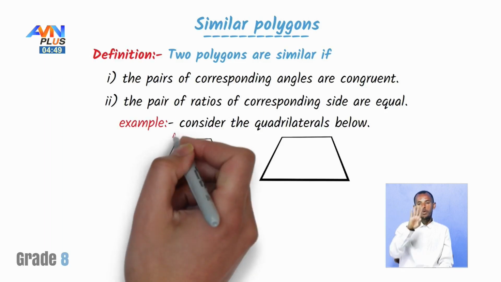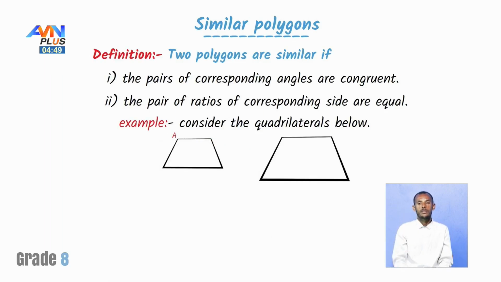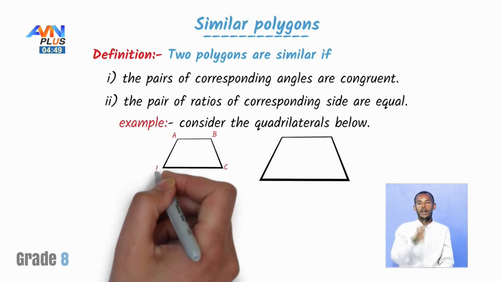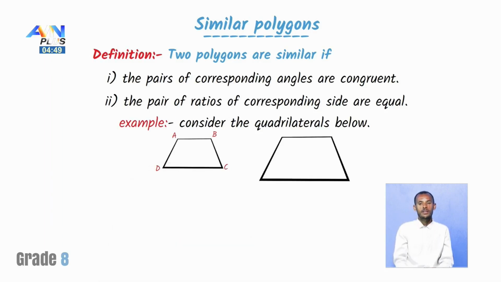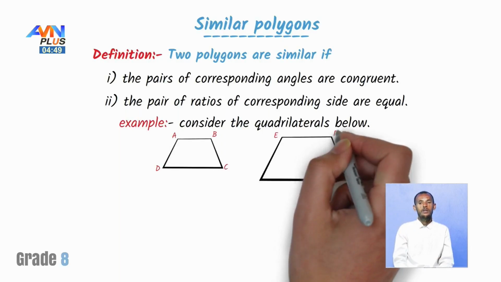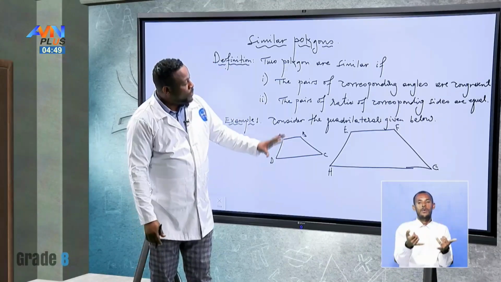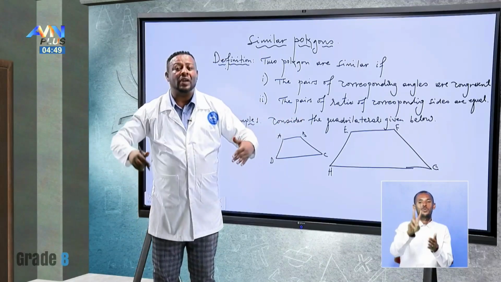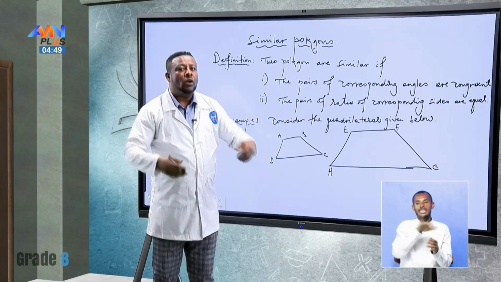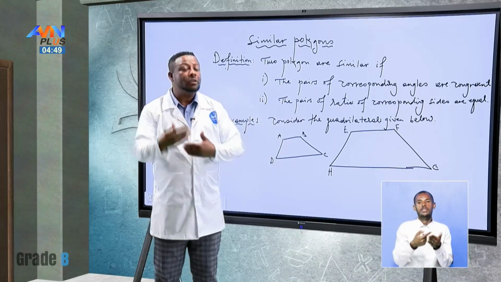So one of the quadrilaterals is a quadrilateral with vertices, say A, B, C, D, and another quadrilateral with vertices E, F, G, H. Okay. Now these two quadrilaterals are similar, or we can say these two quadrilaterals are similar if the following conditions hold.